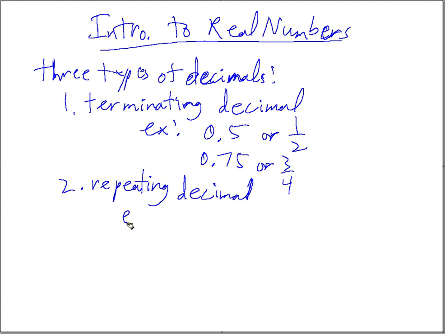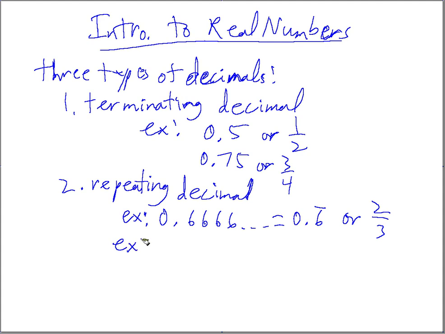So, for example, here's a famous repeating decimal we've seen in the past: 0.6666 repeating, or you can write that as 0.6 with the bar over the 6. Most of you probably know that the fraction equivalent of that is 2/3. So it goes on forever.